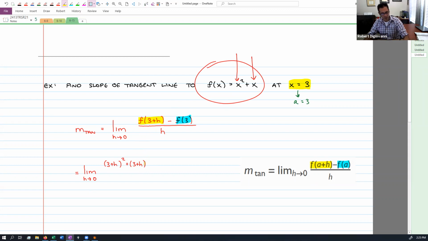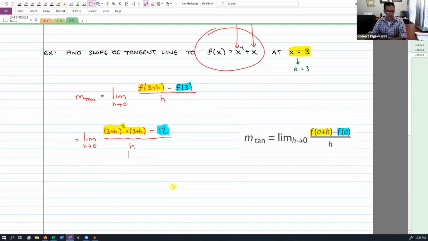That is just that yellow part. Then I subtract from that f of 3. Now, what was f of 3? I think we plugged 3 into the function earlier, didn't we? Yeah, we got 12. So that's this part. And then all of this over H.